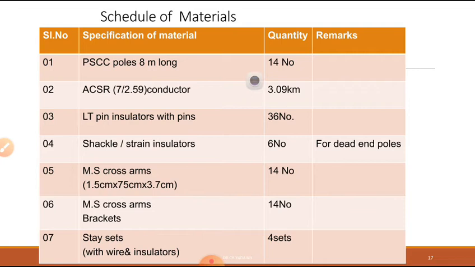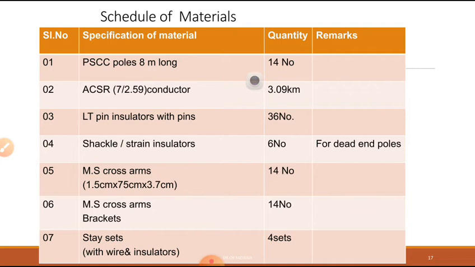Now the PSCC poles, 8 meters, approximately how much cost? 1700 for each pole. You can write 1700 per pole. For 14 poles, 1700 times 14, we get the amount. Similarly we do the other items. In this case we concentrate only on the estimation of poles.